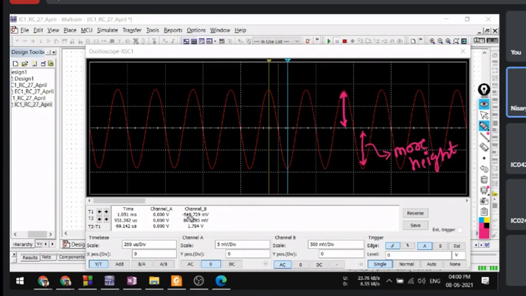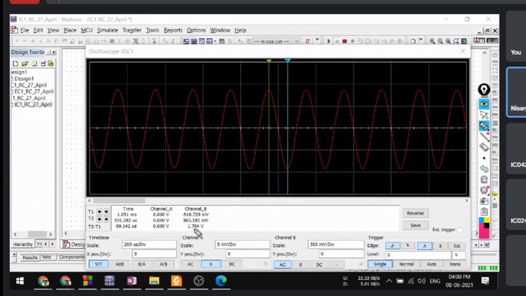Because here you can see, student, what is the negative peak? Minus 918, and what is the positive peak? 865. So you are having a more negative peak compared to the positive peak, but they are almost the same right now. Slight difference is there. But let us note down the reading.